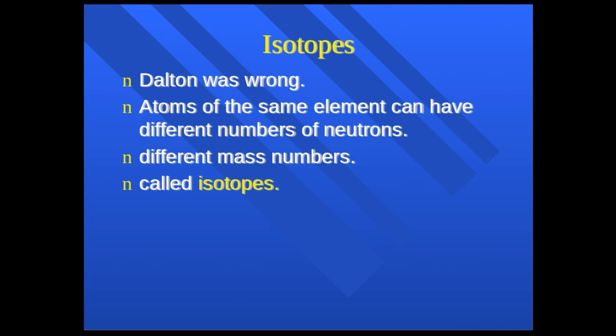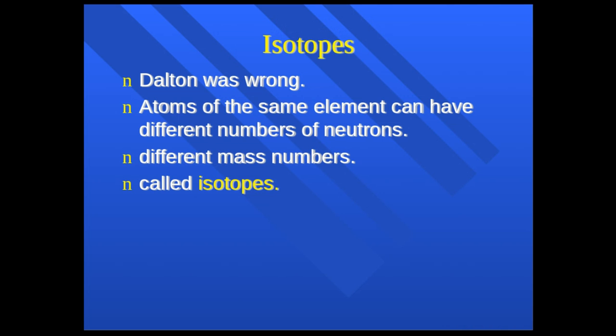So, remember talking about Dalton's atomic theory, how he thought that every atom of everything was identical. Well, he was wrong. Atoms of the same element can have different numbers of neutrons. He did not know this, okay? All that would change in your drawings is one of those numbers on the inside, and they would have different mass numbers. So what does that mean?